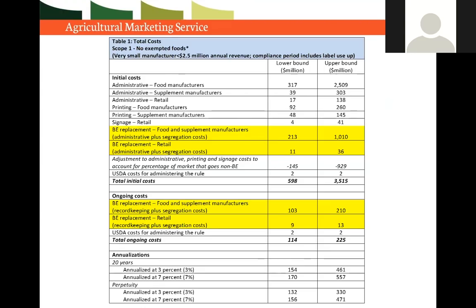The third type of costs included in USDA's cost estimates are the BE replacement costs. To avoid potential negative consumer reaction to products labeled BE, some manufacturers and retailers might choose to reformulate away from BE ingredients or replace BE ingredients with non-BE counterparts to avoid having to put the BE disclosure on their products.